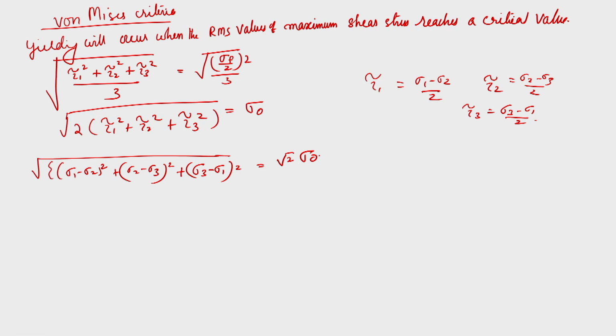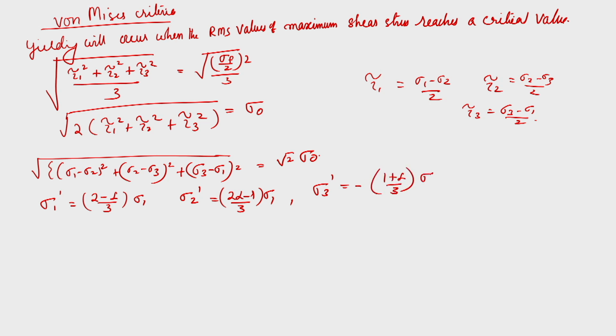So, if you substitute in terms of deviatoric stresses, you will say that sigma 1 dash is equal to (2 minus alpha) by 3 into sigma 1, and sigma 2 dash is equal to (2 alpha minus 1) by 3 into sigma 1, and sigma 3 dash is equal to minus of (1 plus alpha) by 3 into sigma 1, which we got earlier, and sigma 1 dash is equal to (2 sigma 1 minus sigma 2 minus sigma 3) by 3.